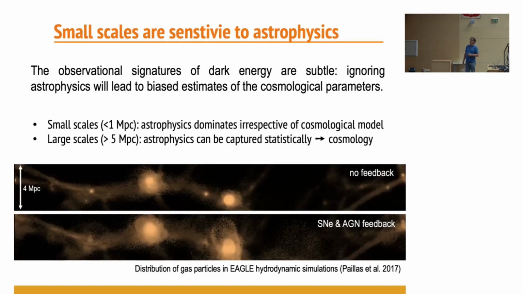But you do see that on small scales, the total matter distribution, what you see here is the gas particles, the gas particles are distributed quite differently when I have AGN feedback or not. And this is the scales where lensing is most powerful. This is where we really get a lot of the cosmological information.